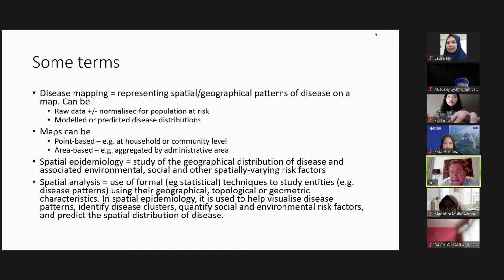Disease clusters are locations or areas where disease is statistically higher than you would expect if disease risk was homogeneously distributed across the study area. In other words, disease risk is higher in a given location than the average risk across the entire study area. So that's how you define a cluster.